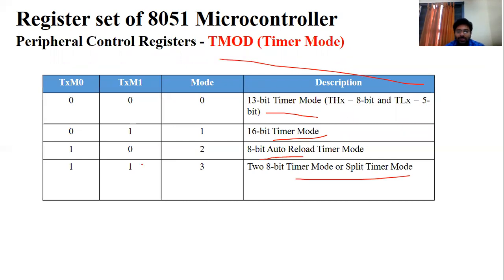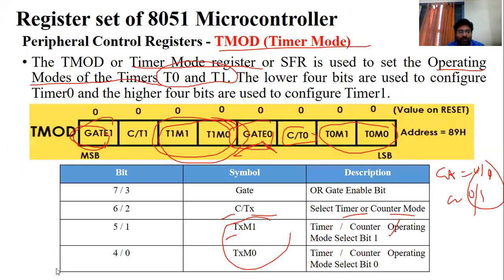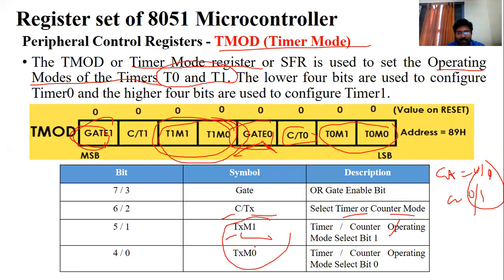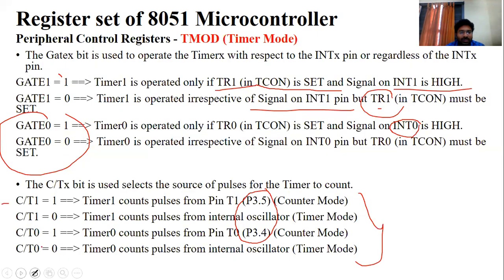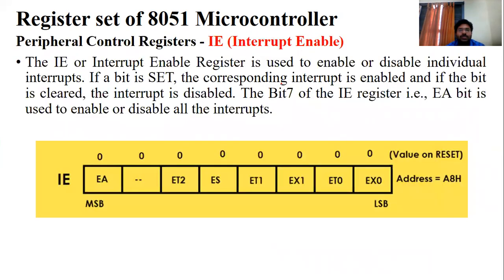These different modes of operation are selected by putting either 0 or 1 in these 2 bits. The x indicates either 1 or 0.